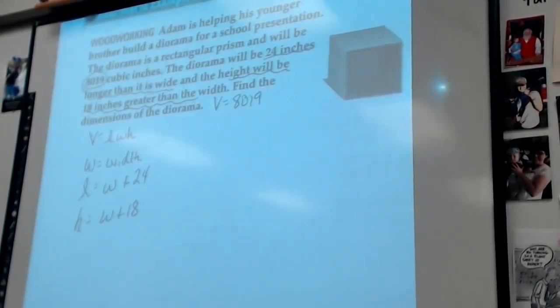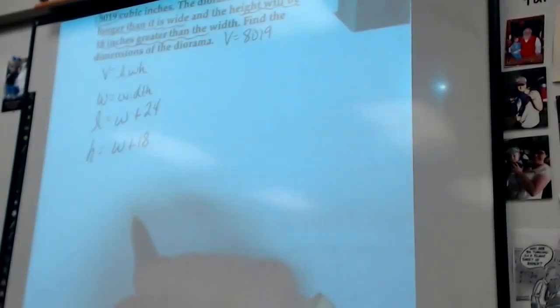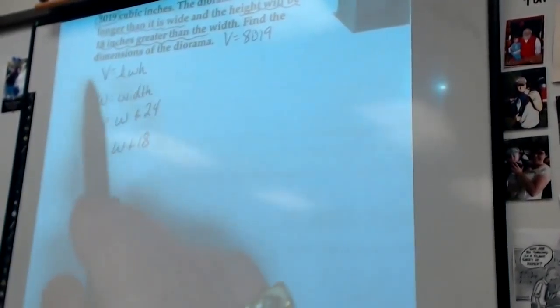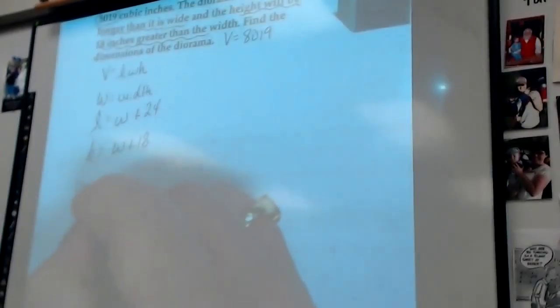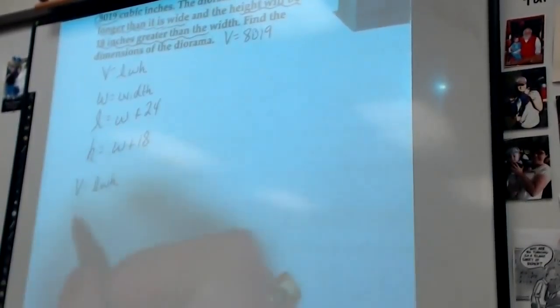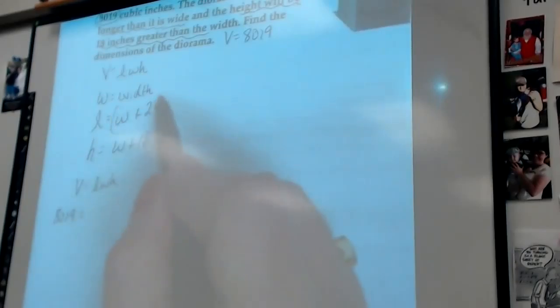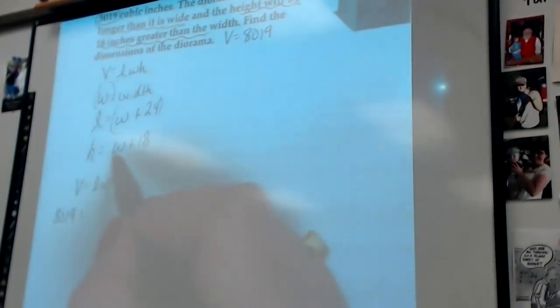So basically, we're going to write an equation here to get our function. So we know that V equals length times width times height. Our volume is 8,019. Now, if I do length times width times height, I'll have W plus 24, which that'll have to go in parentheses, times W times W plus 18.